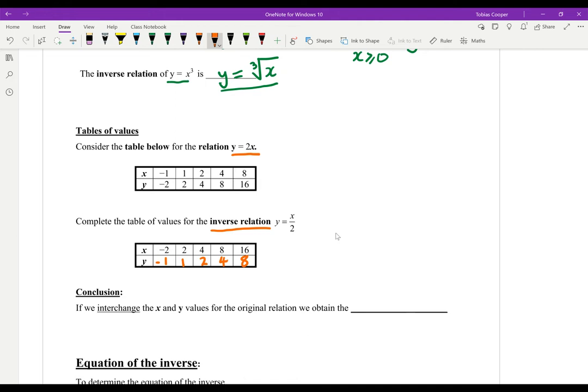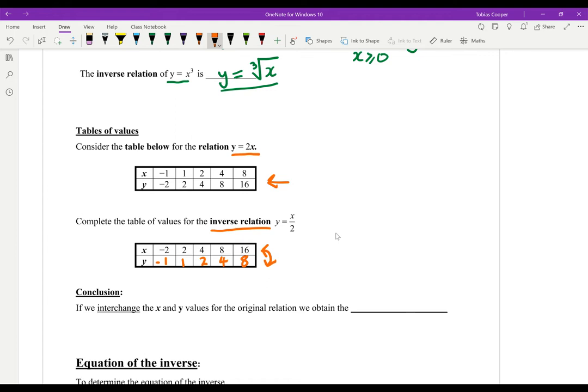Now have a look at the x values and the y values in the first equation, y equals 2x, and have a look. In the second table, you should notice they've been swapped over. Okay, so these values here have been swapped over compared to this table here.